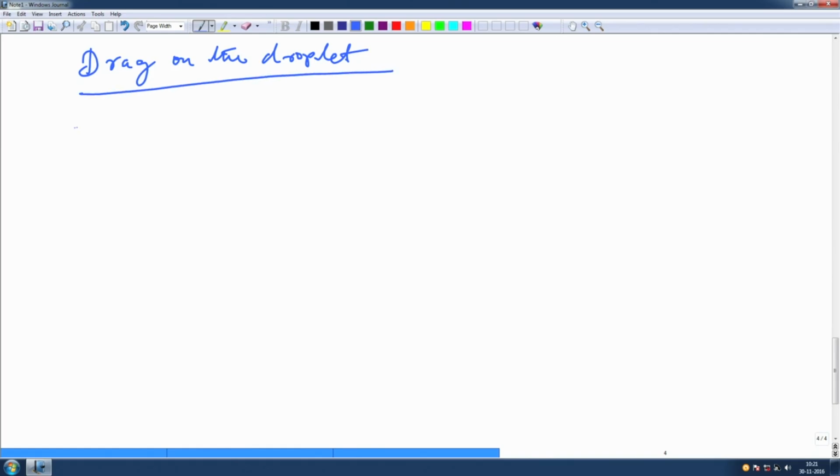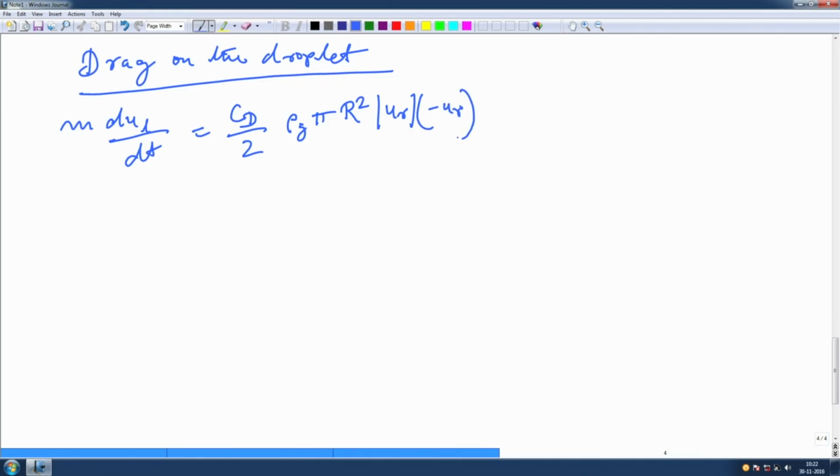Now, the drag on the droplet can simply be written as, writing it fast, where UR is basically the relative velocity. This is basically the absolute velocity.